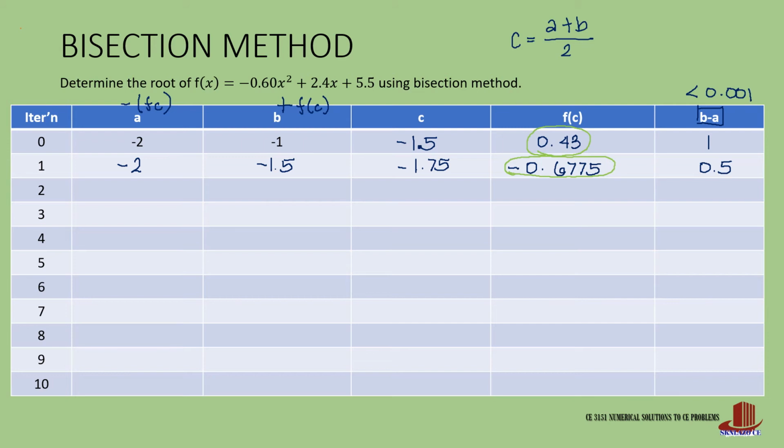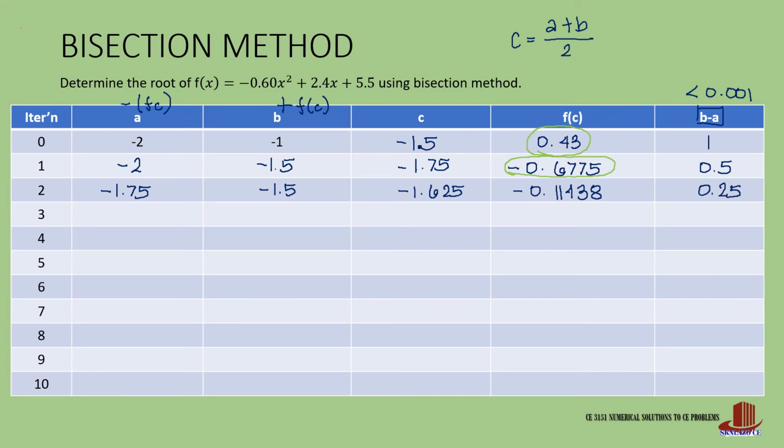The lower limit is replaced by 1.75, while the upper limit would remain 1.5. With these two known, we can get their average, which is 1.625. And by plugging this value into our function, we arrive at negative 0.11438. b minus a is 0.25.